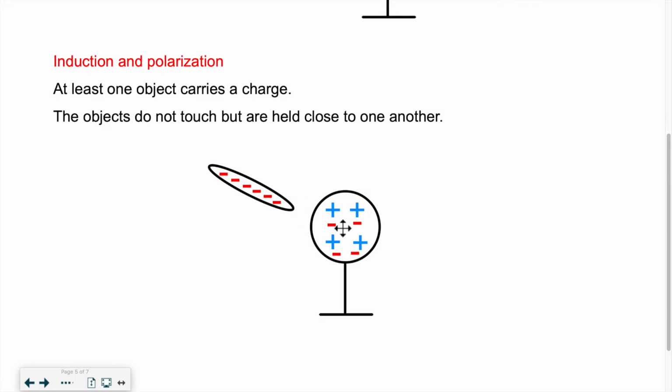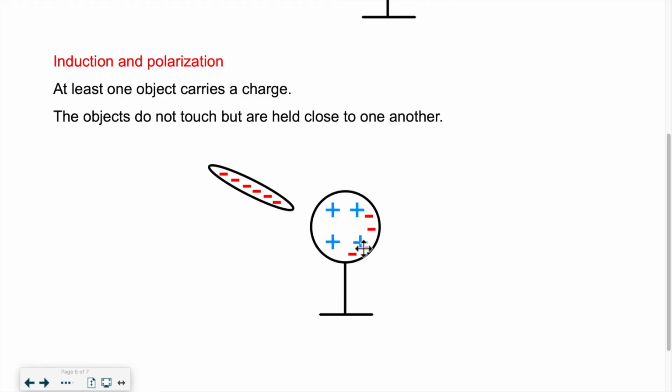So my electrons cannot jump over necessarily. What would happen? Well, we know that electrons repel each other. So this being very negatively charged, these electrons here would say, yikes, let me go away. So the electrons would move over to the opposite side as much as they can. They want to move away from the negative rod.